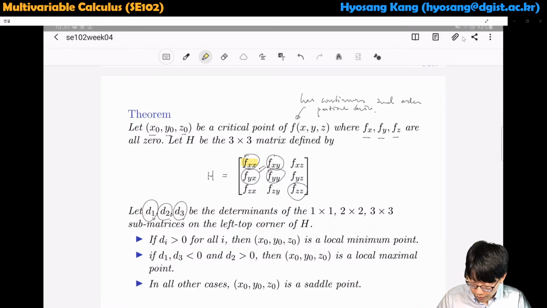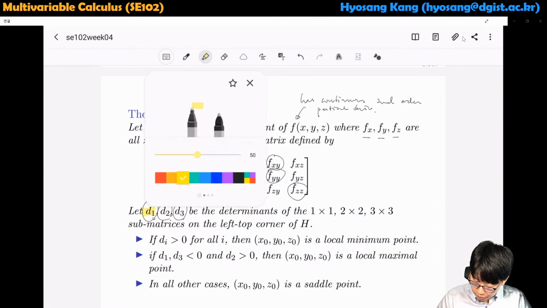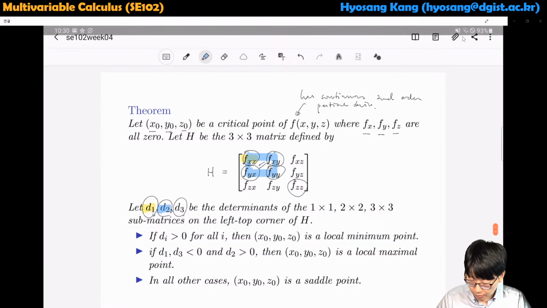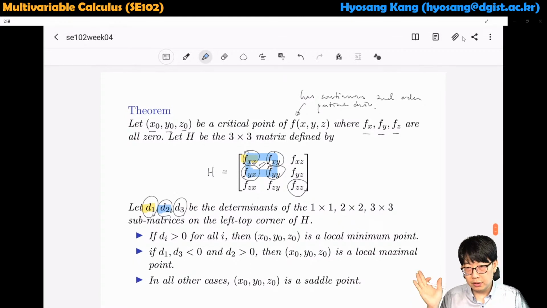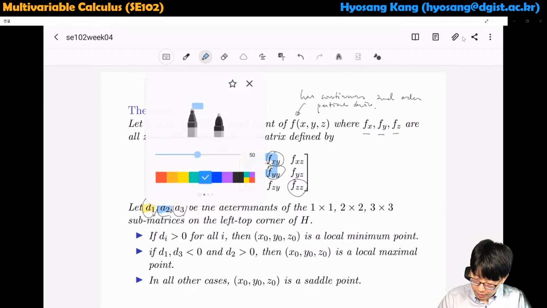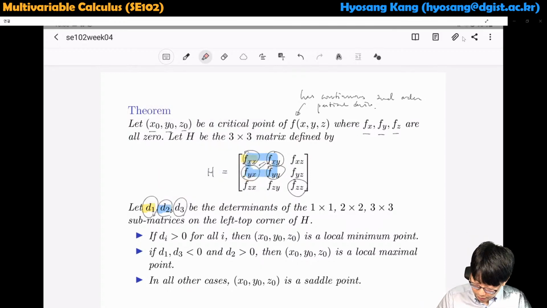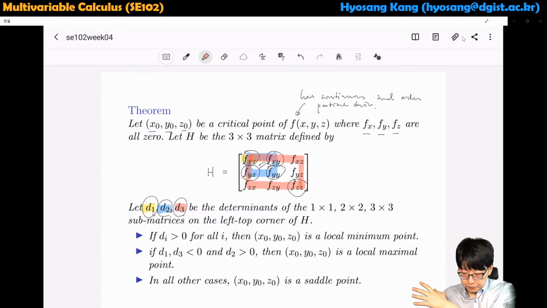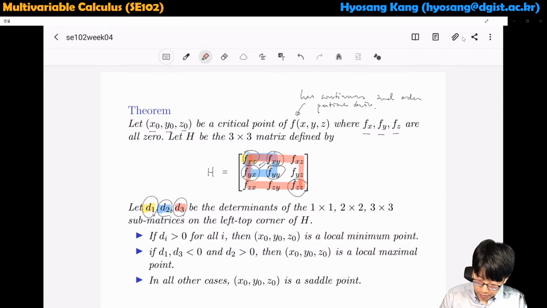And d2 is the determinant of the 2 by 2 matrix at the top left corner of the 3 by 3 matrix. And d3 is the determinant of the entire matrix here. So sequentially you take the determinants. That's also called the discriminant of the minors, but let's just call it determinant.